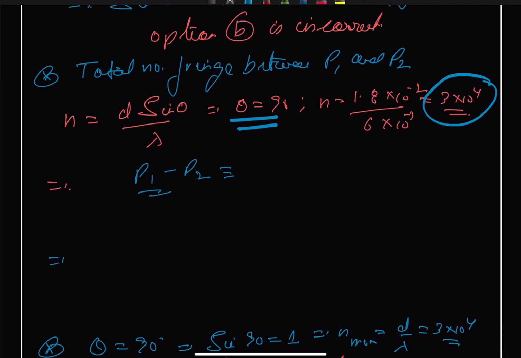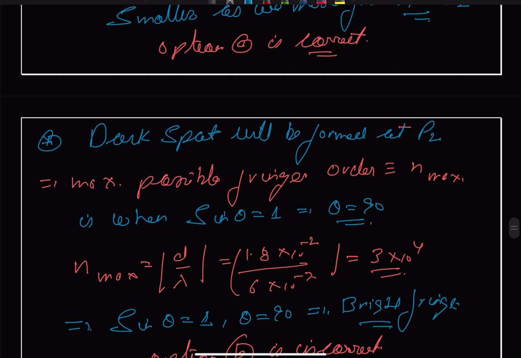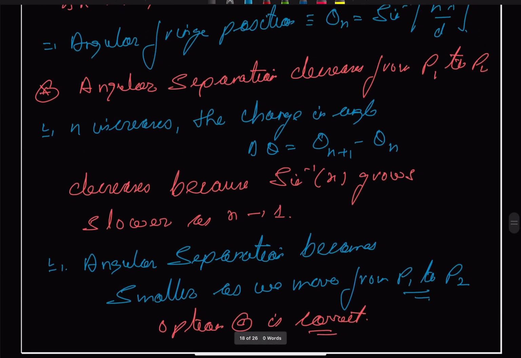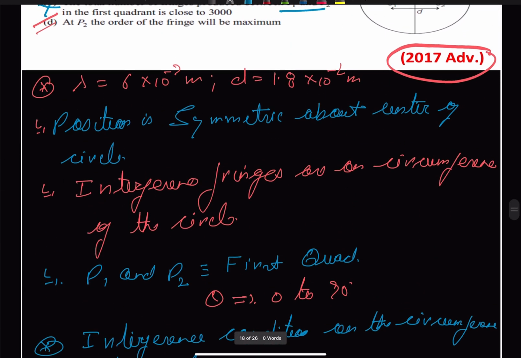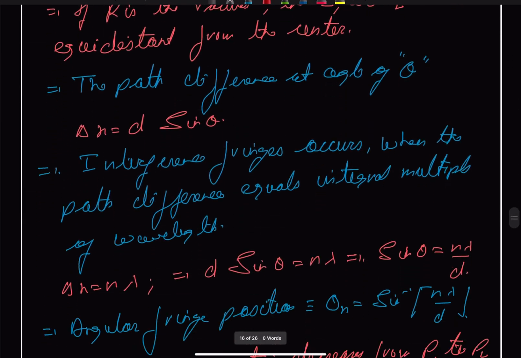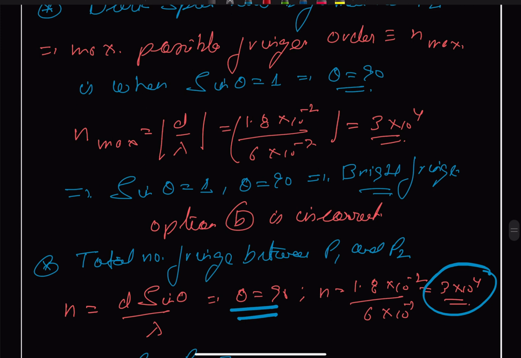It is 1.8 into, one second, yeah, my mistake, it should be 1.8 into 10 to the power minus 3. This is the problem. And here also minus 3, and now it will be coming as 3000.